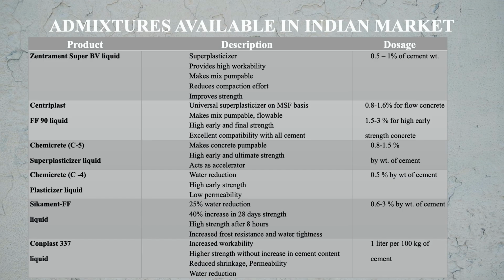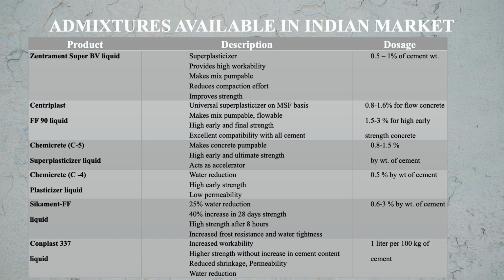Its dosage generally used is 0.5 to 1% of cement by weight, and its properties are, these are basically super plasticizers, provide high workability, make the mix pumpable, reduce compaction effort, and improve strength.